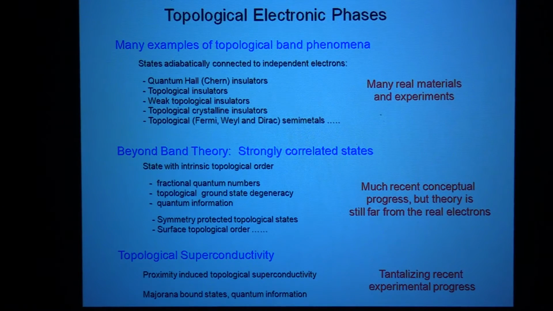Now, one set of states which straddles these two is topological superconductivity. A superconductor really is something beyond band theory, in the sense that it's a correlated state of the electrons, which one can't describe by ignoring the interactions between the electrons.